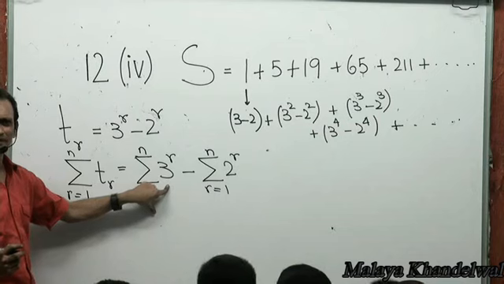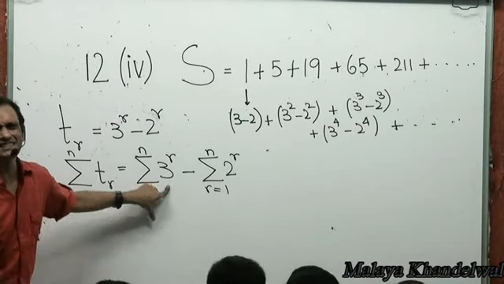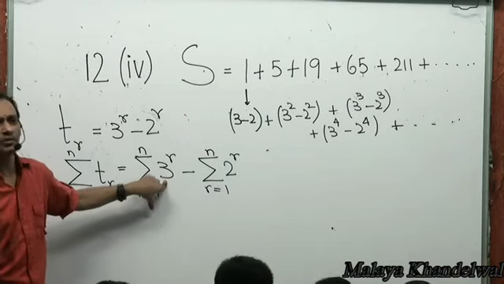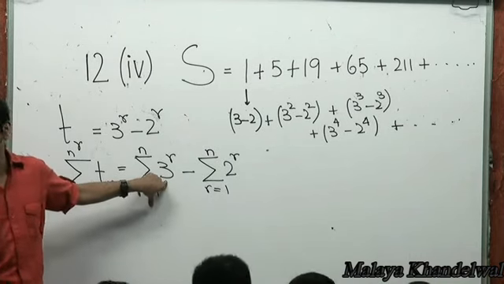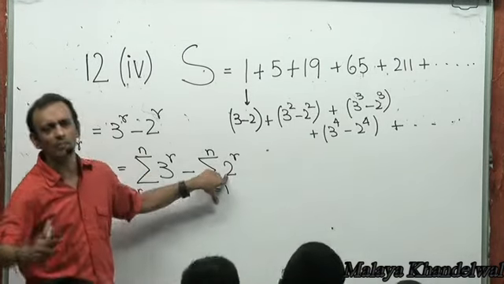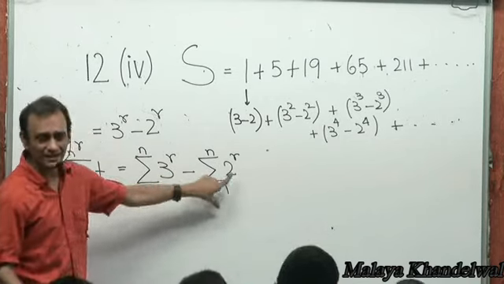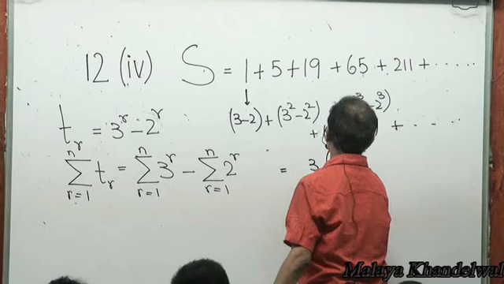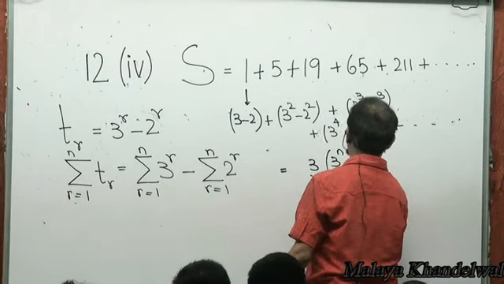What sequence is this? It's a GP series with first term 3, common ratio 3. Yes or no? 3, 3 squared, 3 cubed, etc. This is a GP series with first term 2, common ratio 2. Number of terms n. Right? So this is first term 3, 3 to the power n minus 1 by 3 minus 1.